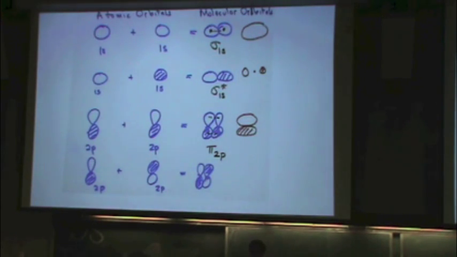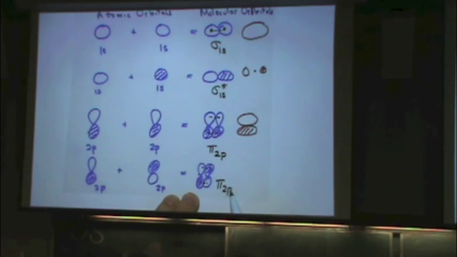Can you see again, this is a pi bond, because the bond is happening not along the center line, but above and below the center line. So we call this still a pi. It comes from 2p orbitals, so we still have a subscripted 2p, but because shades and unshades are overlapping, this is the anti-bonding, or destructive interference, example.